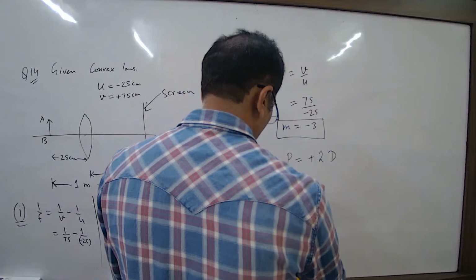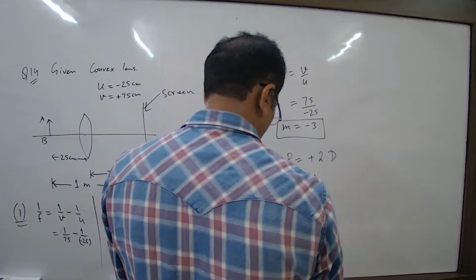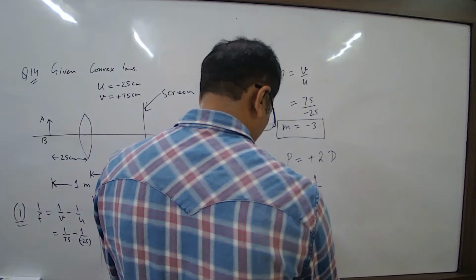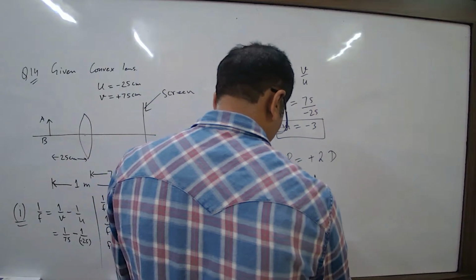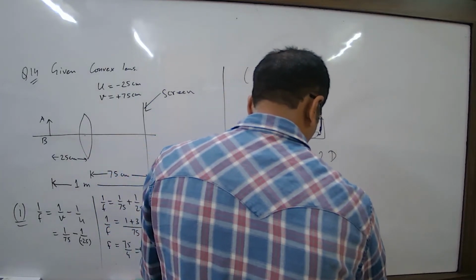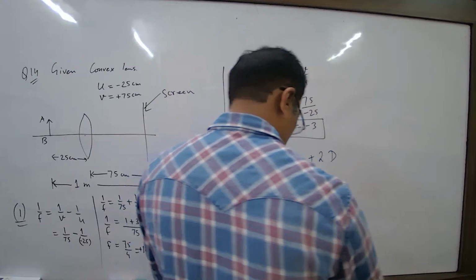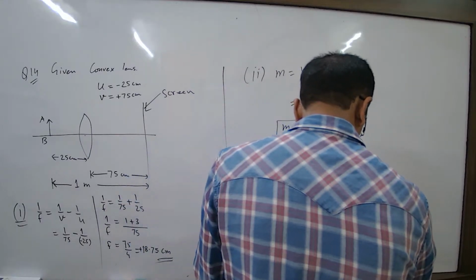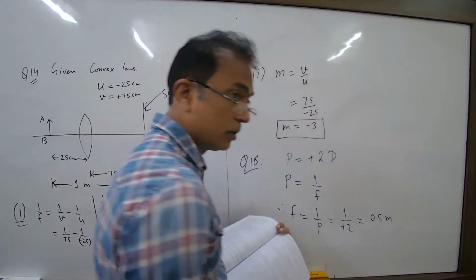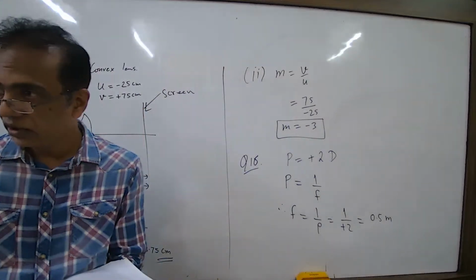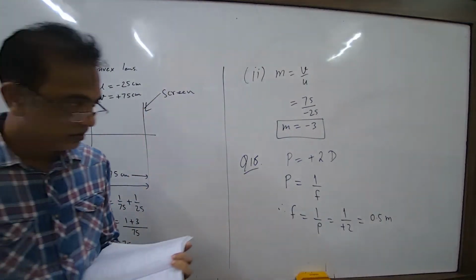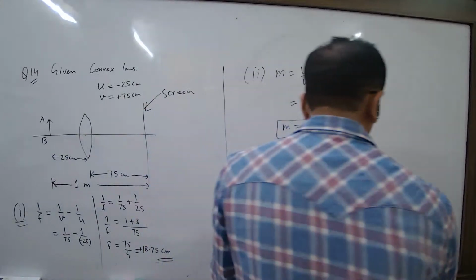So P is equal to 1 by F. Right? Therefore F is equal to 1 by P. So 1 by plus 2. This is 0.5 meter. In the power formula, focal length is always in meters. So this will be 50 centimeters.